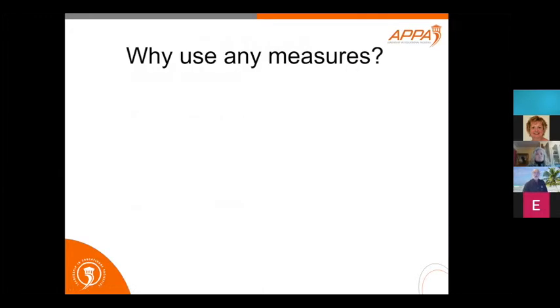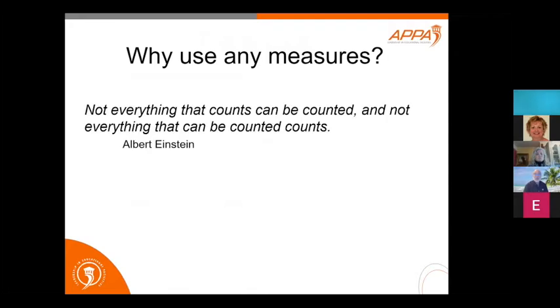But the real question becomes, why do we even bother measuring what's going on? Well, Albert Einstein said, not everything that counts can be counted, and not everything that can be counted counts. A lot of folks in facilities would make that argument: we have a lot of intangible things that we do, so why do we even bother counting?